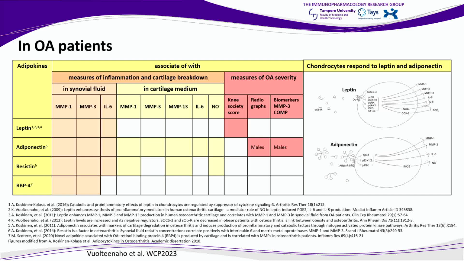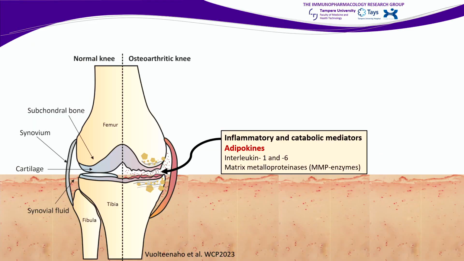And further, we have also shown that chondrocytes respond to leptin and adiponectin by producing enzymes and pro-inflammatory factors that are related to osteoarthritis. So, now we know that there are adipokines in synovial fluid.